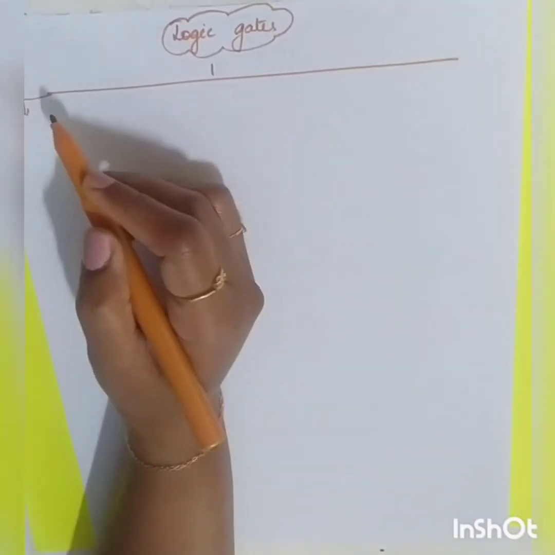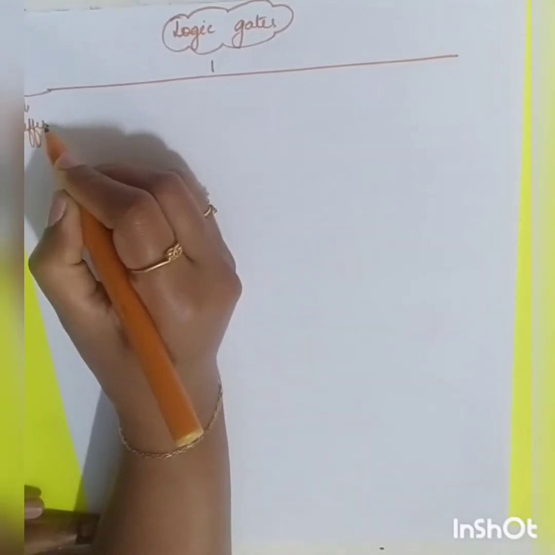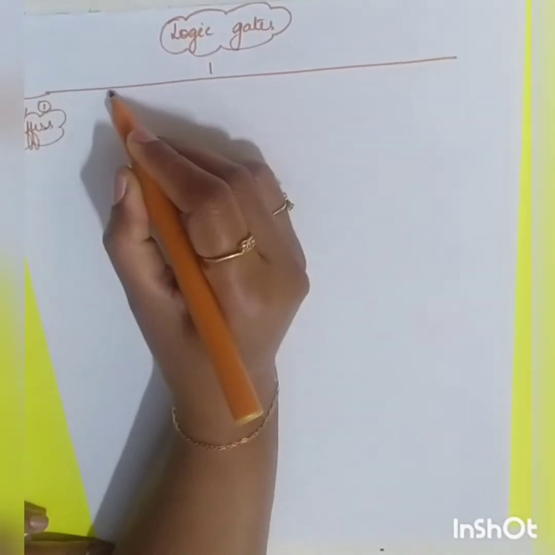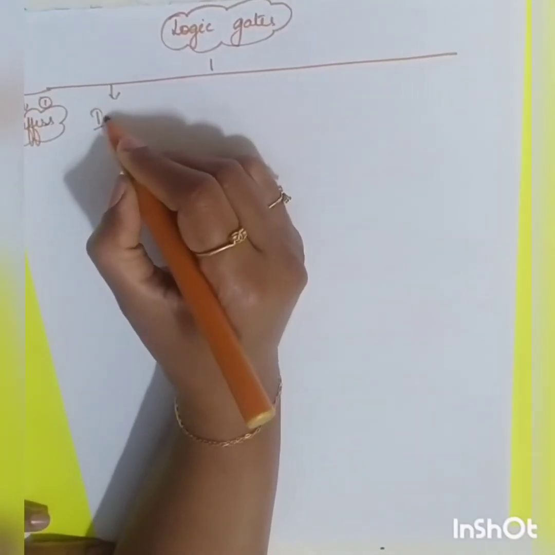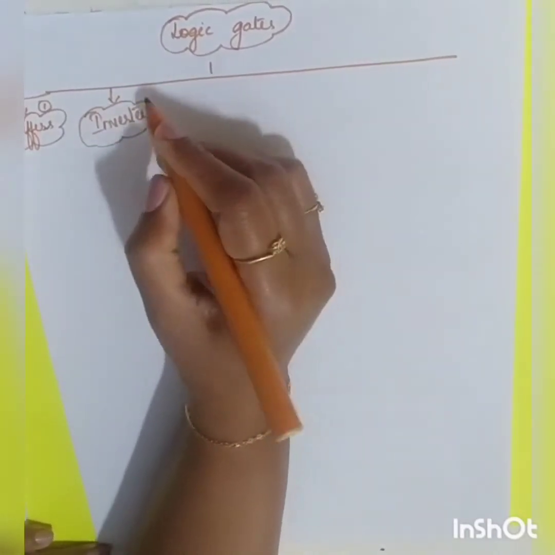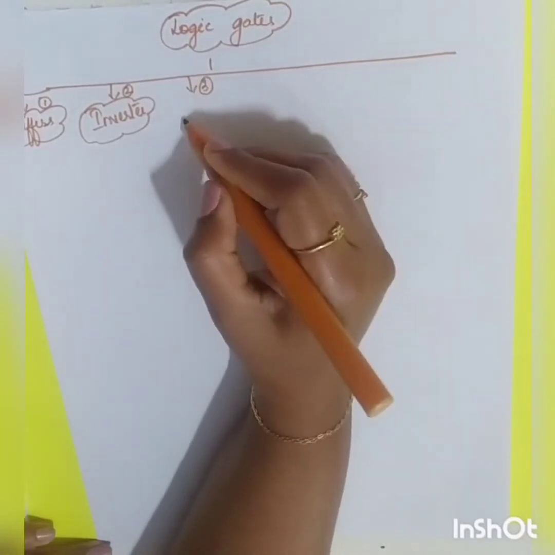so what are the 7 different gates? The first one is your buffer. Okay, the second one is your inverter. Third one is your AND gate.